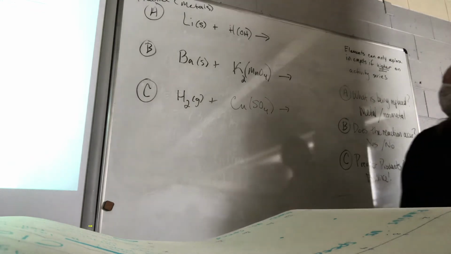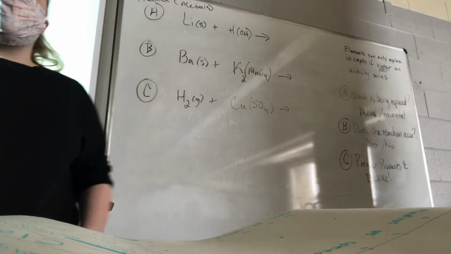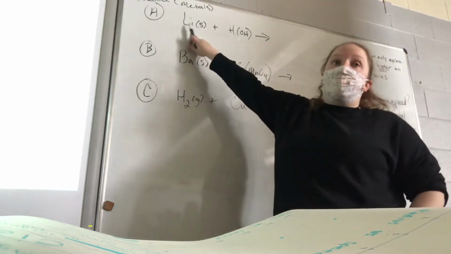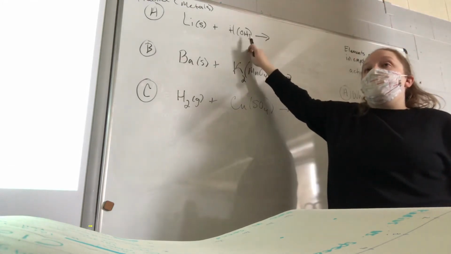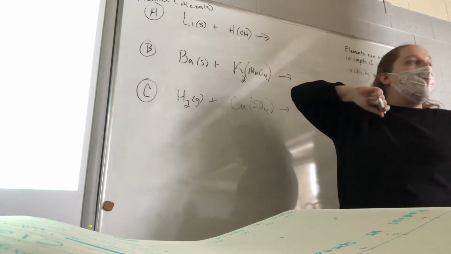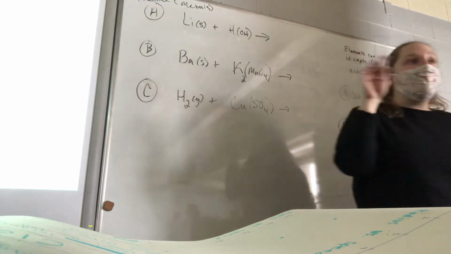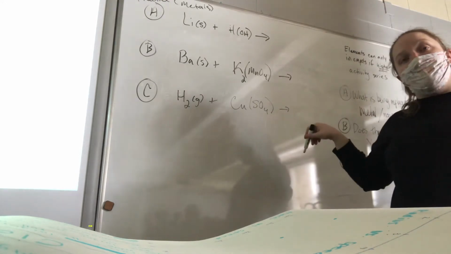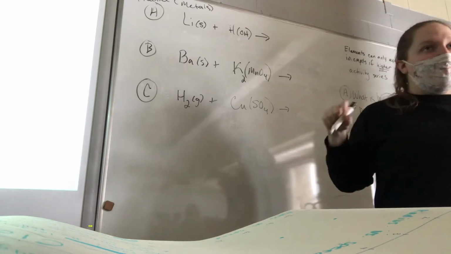Okay. So let's start with letter A. The first question says, what is being replaced? So let's look at the actual question. It's lithium solid plus HOH, and we want to know which thing is going to be doing the replacing. Now remember, in single displacement reactions, we can either replace the metal or the non-metal. Remember, we did A plus BX makes AX plus B yesterday, okay?